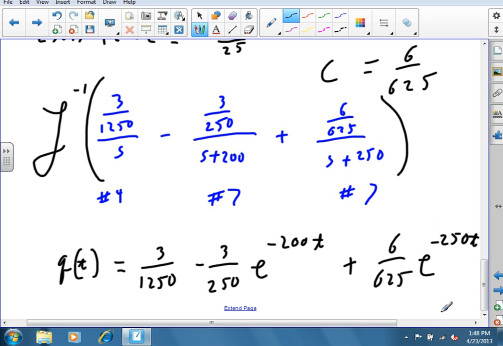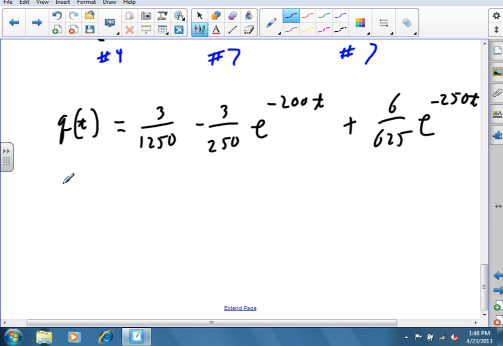Now, anybody remember what we're supposed to be doing? Find the equation of the current. Okay, so we have to find the equation of the current. So we're not there. We're not done yet. But Q at 0 is 0, right? Yep. So we should be able to check that.